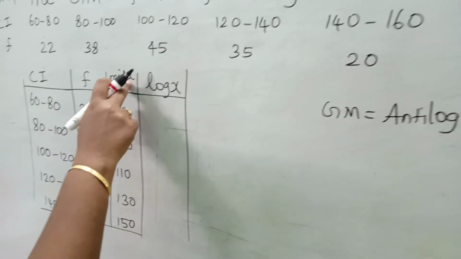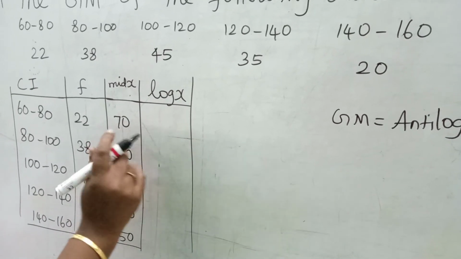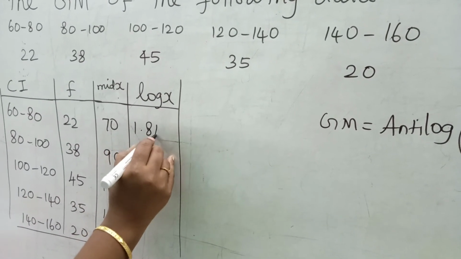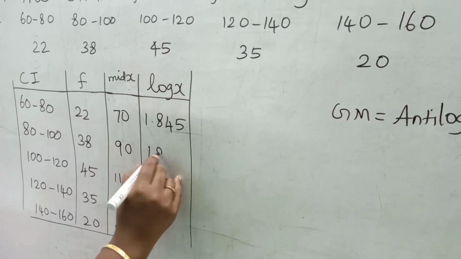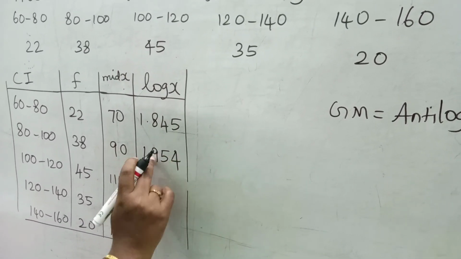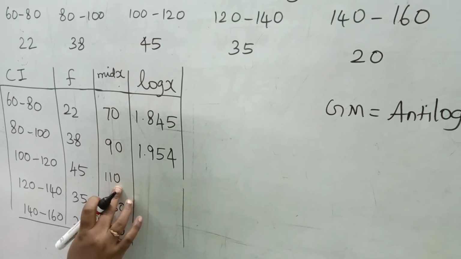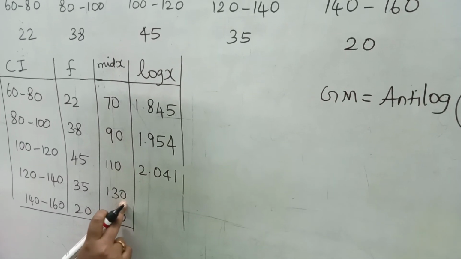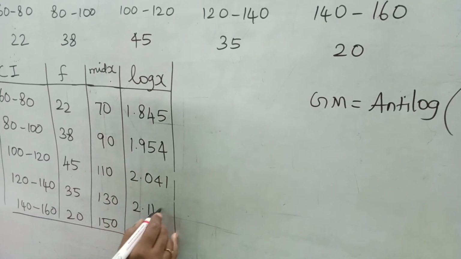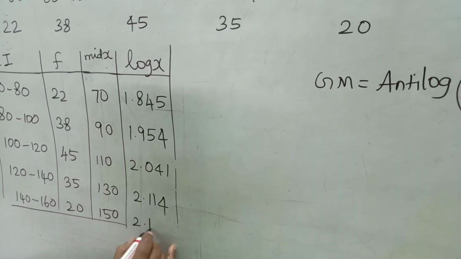Log of 70 is 1.845. Log of 90 is 1.954. Log of 110 is 2.041. Log of 130 is 2.114. Log of 150 is 2.176.